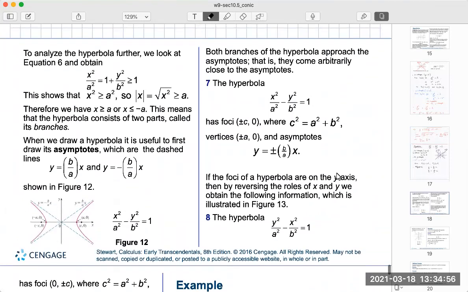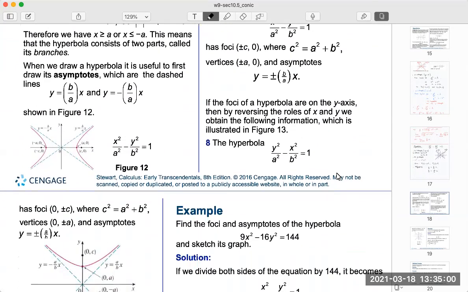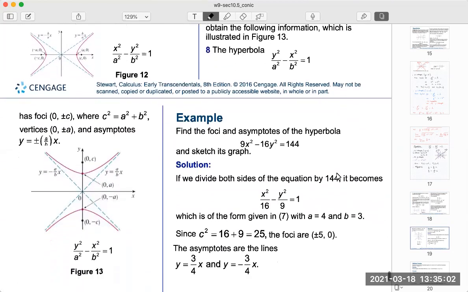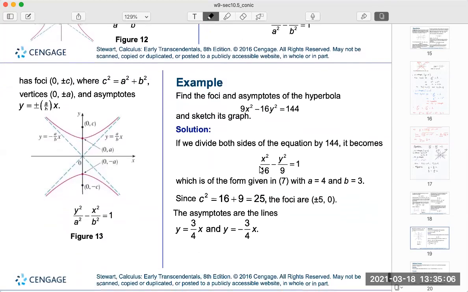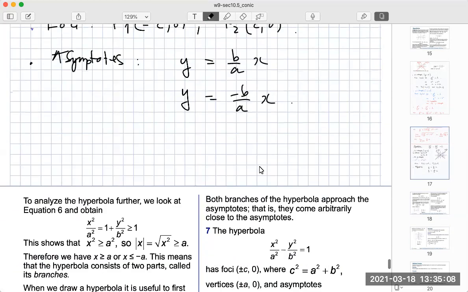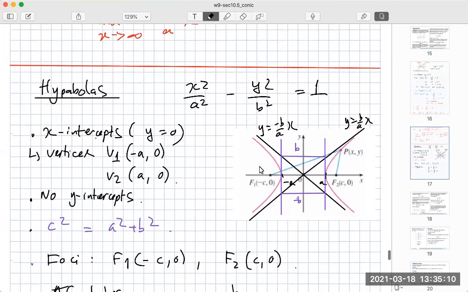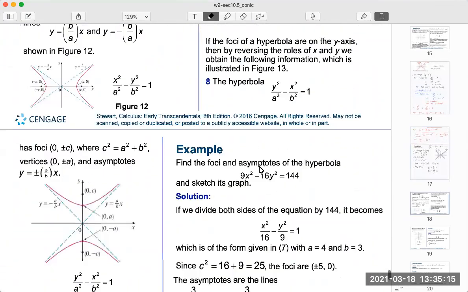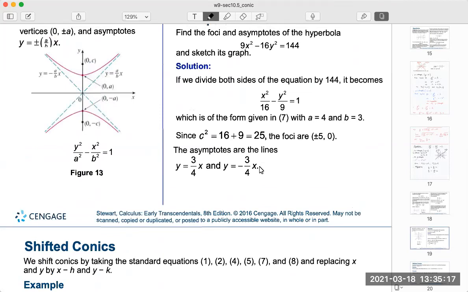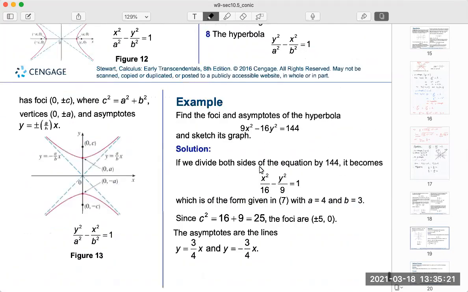Okay, in this section, let us do the example here. We've done this yesterday, right? Did we draw it yet? Interesting.